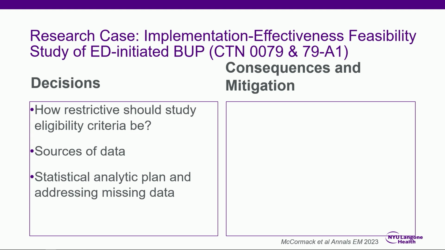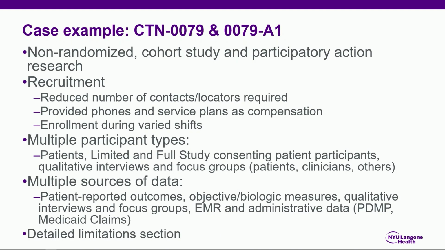In that situation, we want to make sure it's generalizable, that the sample is truly representative of an emergency department. So we chose to be a little more lenient in how we defined our inclusion-exclusion criteria and implemented some of the strategies that we started discussing on the other slide. And some of those are here.